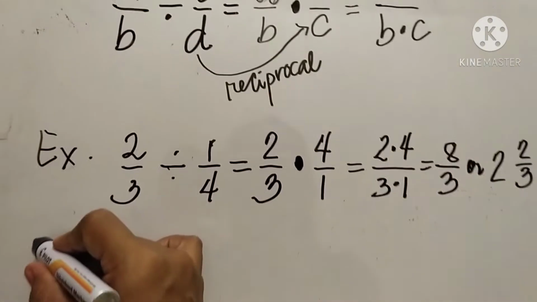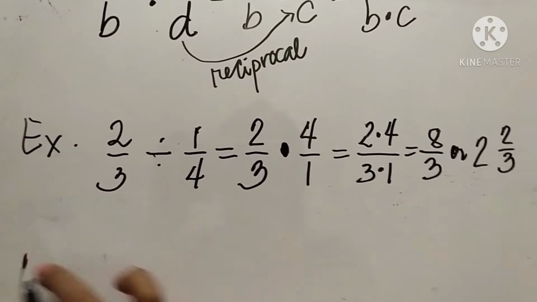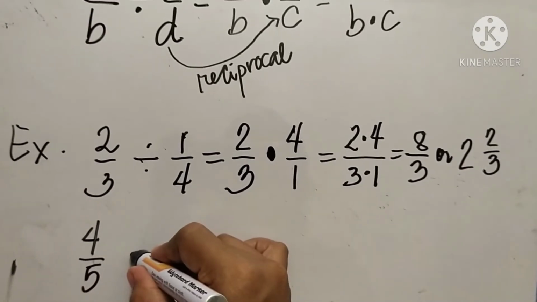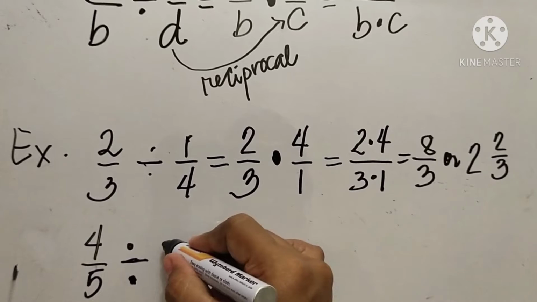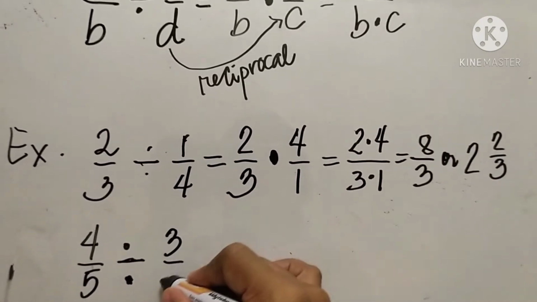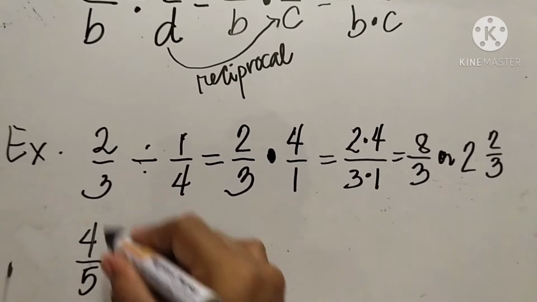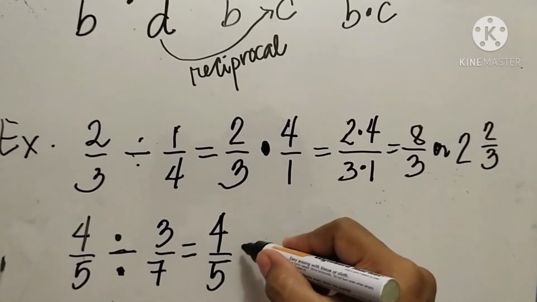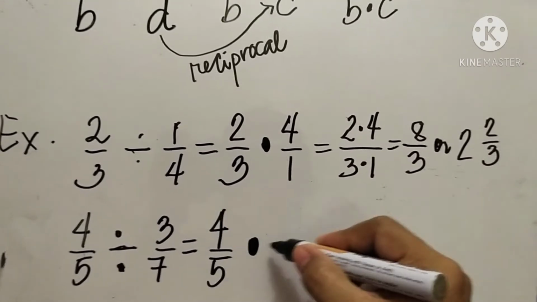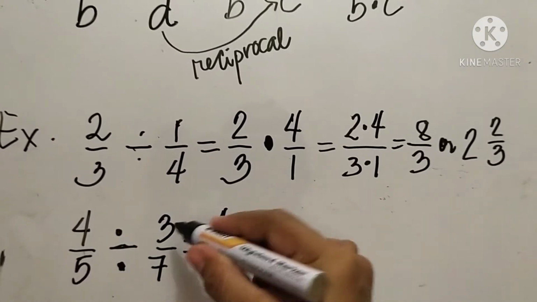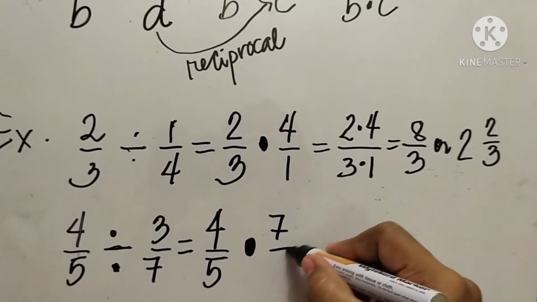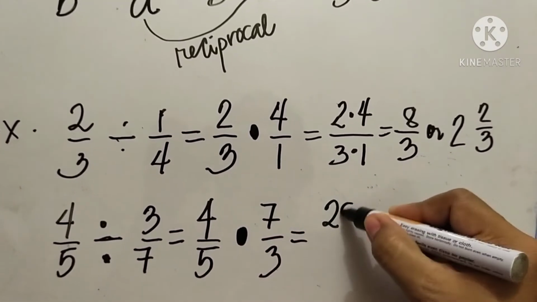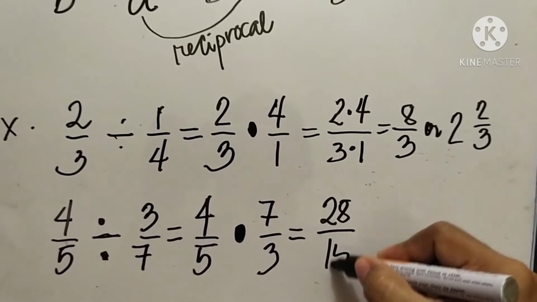Another example, for example, 4 over 5 divided by 3 over 7. Rewrite the numerator, 4 over 5, proceed to multiplication, reciprocal of the denominator, that is 7 over 3, and that is 4 times 7 is 28 over 15.